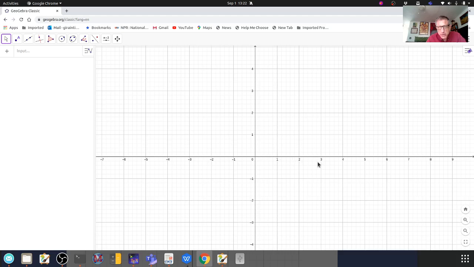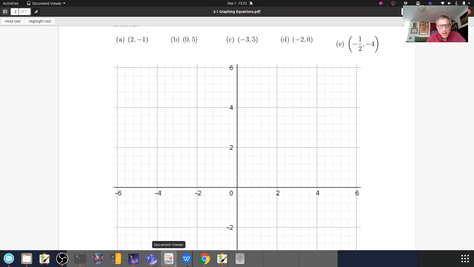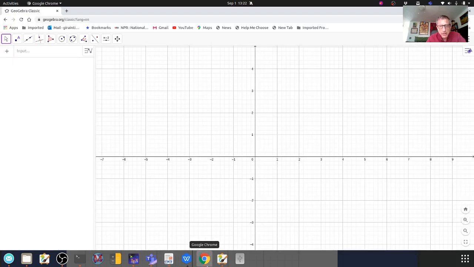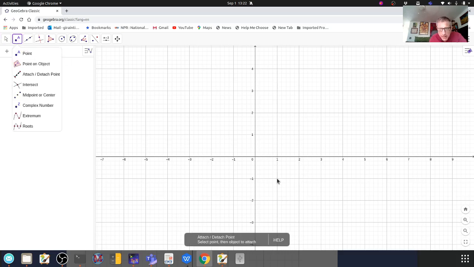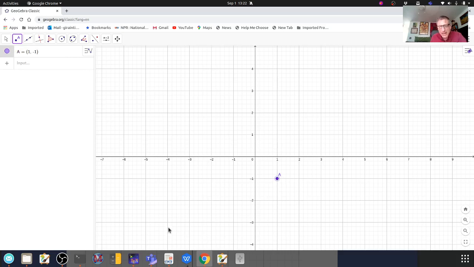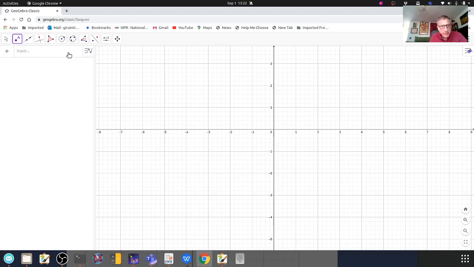0, 1, 2, 3. So let us actually do our first point, and our first point turned out to be, what was it? 2 and -1. So 2, right here is my 2, and then I'm going to come down on that line until I hit a -1, and then I'm going to put a point right there. That point A has, I put it in the wrong place, 2 and -1.